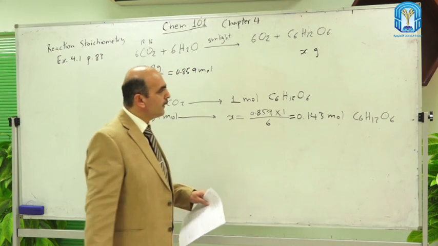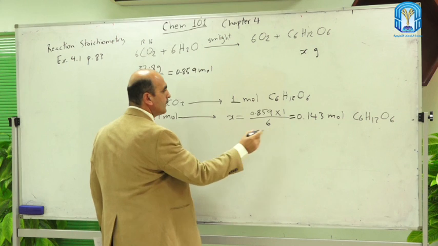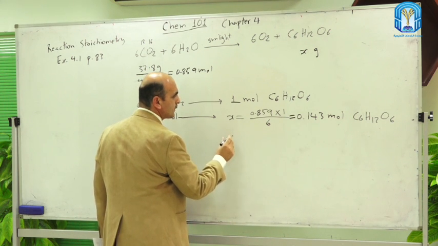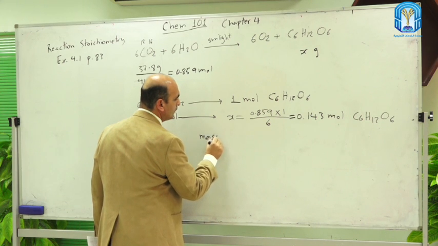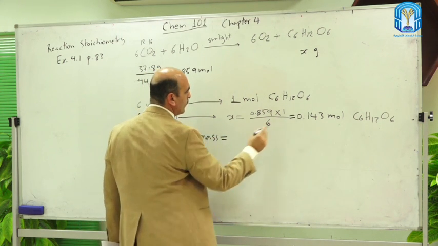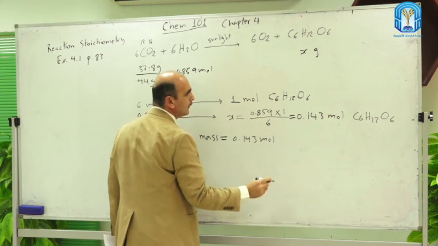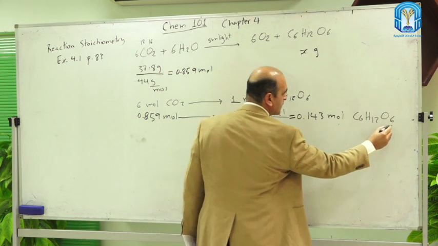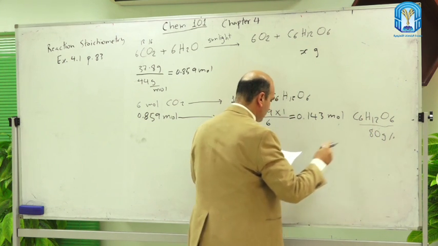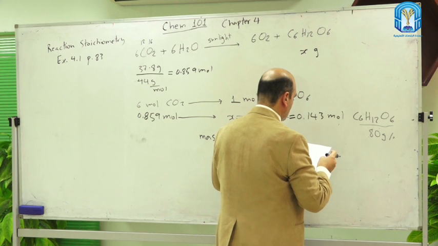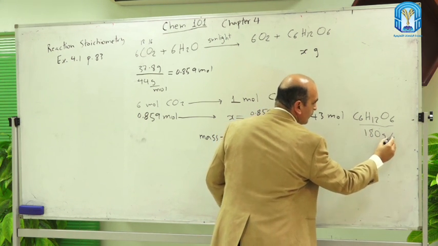And now we need to convert moles into grams. So we multiply the moles by molar mass. So mass is equal to number of moles, 0.143 mole, times the molar mass of glucose, 180 grams per mole.